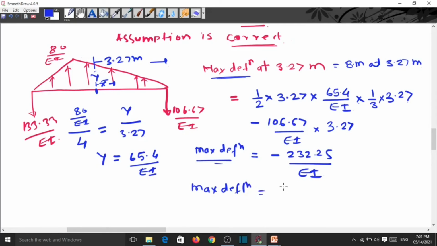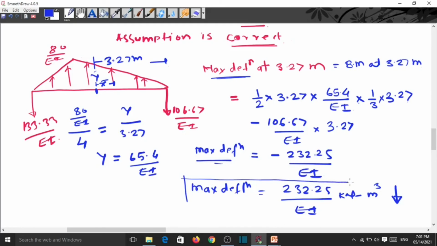So that is equal to 232.25 divided by EI, in kilonewton meter cube, and this is downward. So this is the maximum deflection. So this is our final answer.